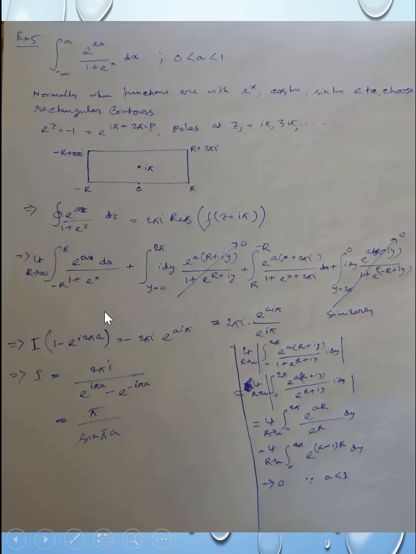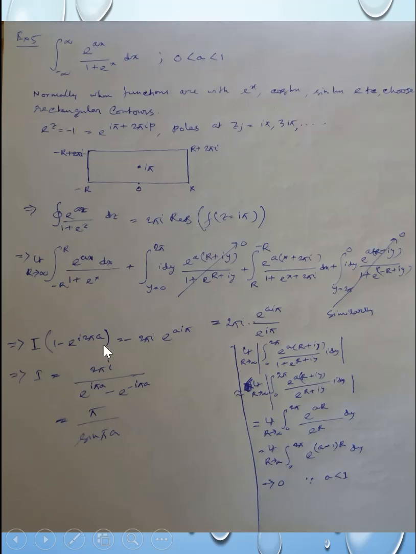In a similar way, the other one will also give 0. So you don't need to consider these two, and just consider these two terms. These two terms, as I have already told, look like I, the same function. If you flip this one, there is a minus and an extra factor, exponential 2 pi i a.